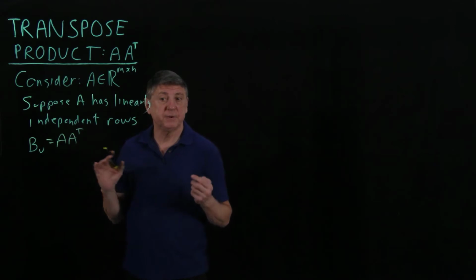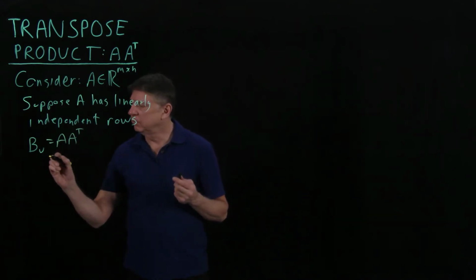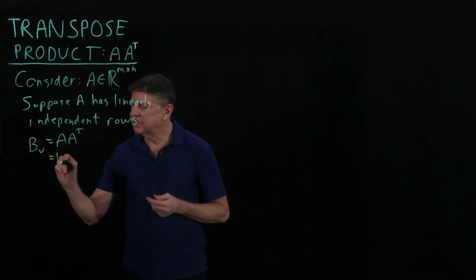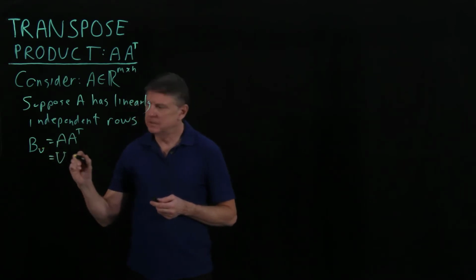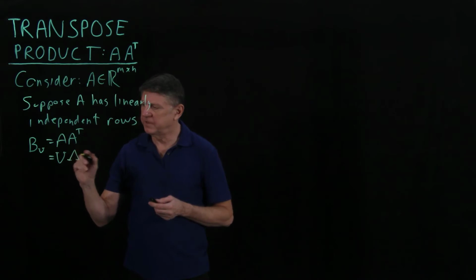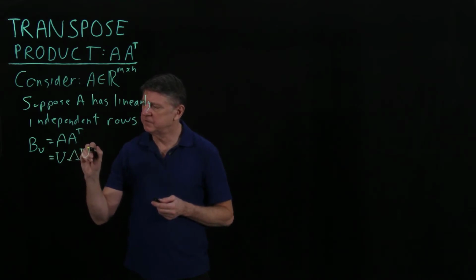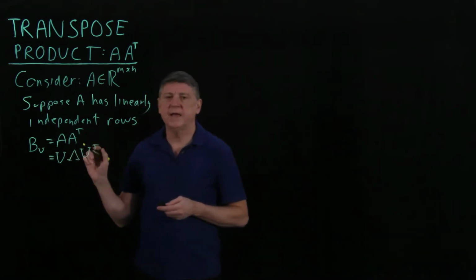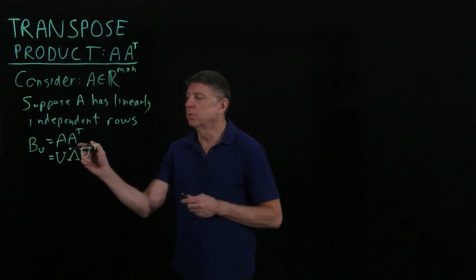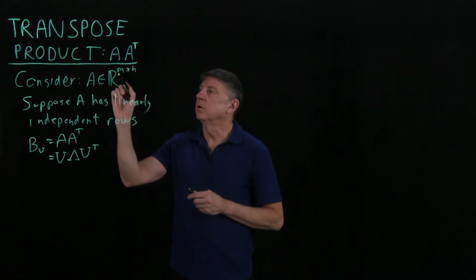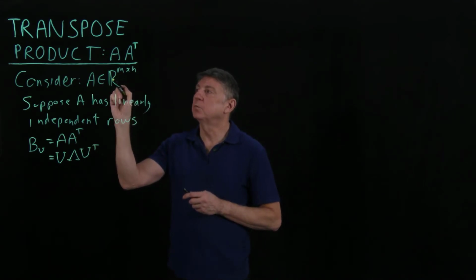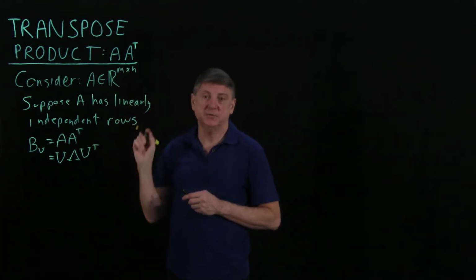And by the spectral theorem, we can write that matrix as some matrix U times some eigenvalue matrix times U transpose. And the columns of U form an orthonormal basis, now for the vectors that are all real numbers and have m entries.